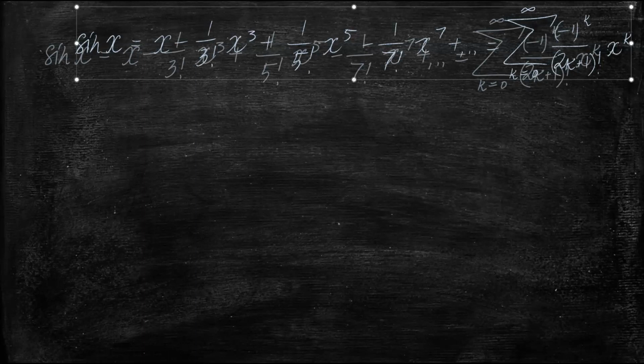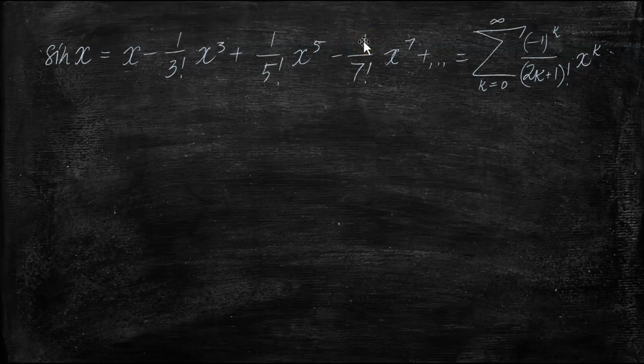We can use some properties that we learned earlier. That is, we can differentiate the sine of x term by term to obtain the power series for cosine.